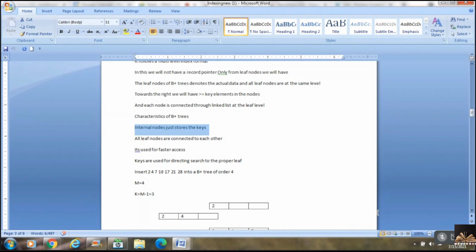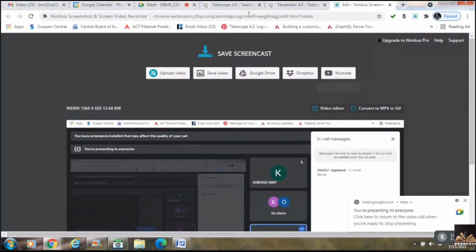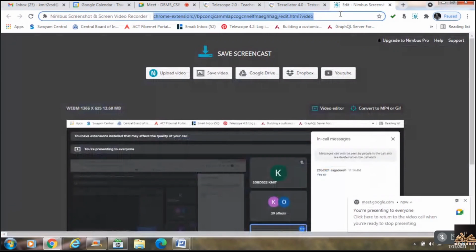Then it is used for faster access, and the internal nodes which have keys are used for directing the search to a proper leaf node, so that whatever data is required, I can search for that particular data. That is the concept. Okay.